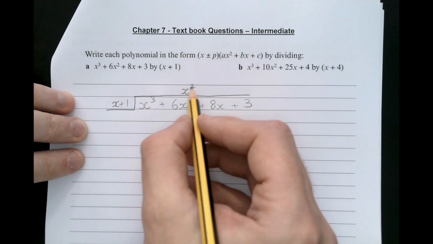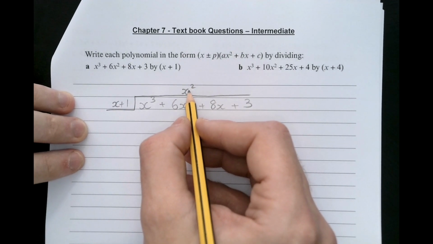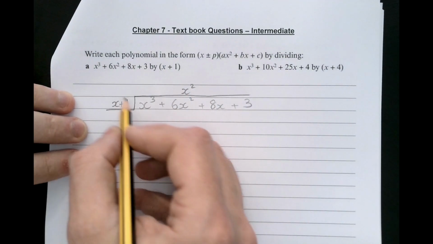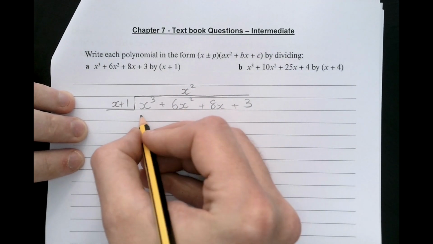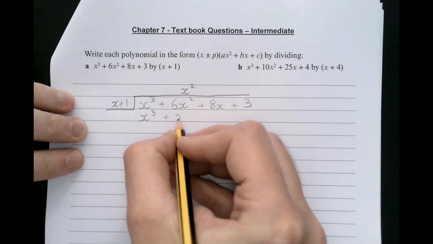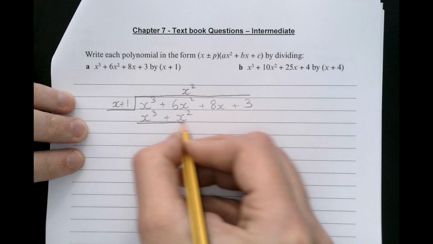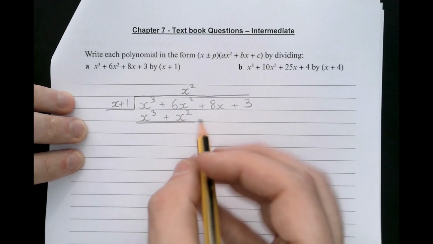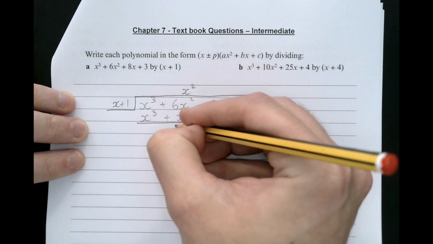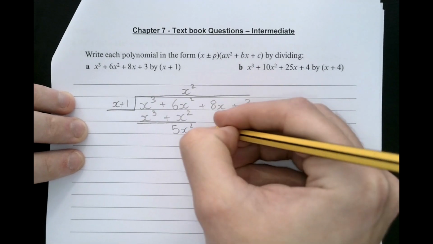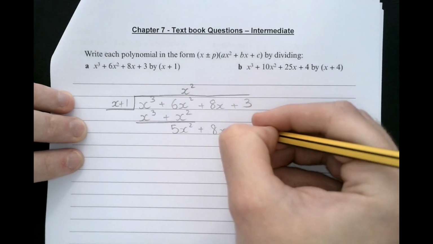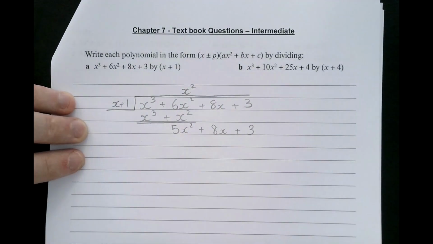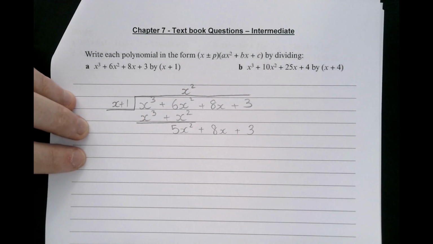And then you multiply what you've got by the thing you're dividing by and take it away. So x squared times x plus 1 is x cubed plus x squared, and then take it away. Now that's a sticking point sometimes, because when things are negative, it's not obvious, or it can cause issues.